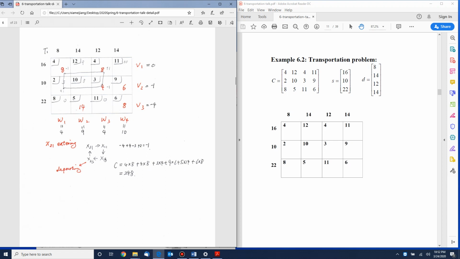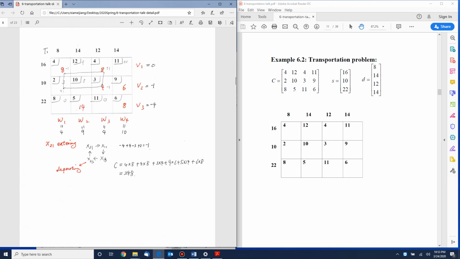When we choose x21 as the entering variable, now we are going to work out the loop. When we increase 1 in cell 21, that means cell 11 should reduce 1, right? We only work with those cells that have goods there. So C11 has 8, so we have to remove 1 from there.